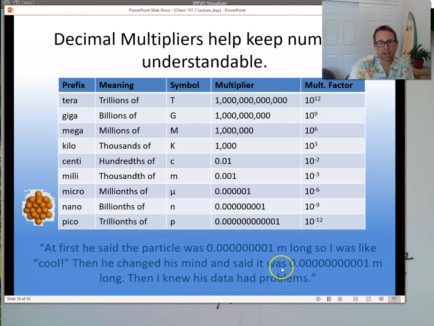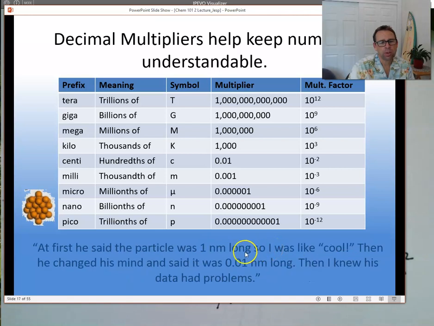If I told somebody that sentence, they wouldn't be able to understand what I was saying because there's too many zeros for them to count as I'm talking, right? Even if it's written out like that, it's just too hard to look back and forth and figure out what the difference is. And so instead of saying that many meters, we use a prefix like nanometers.